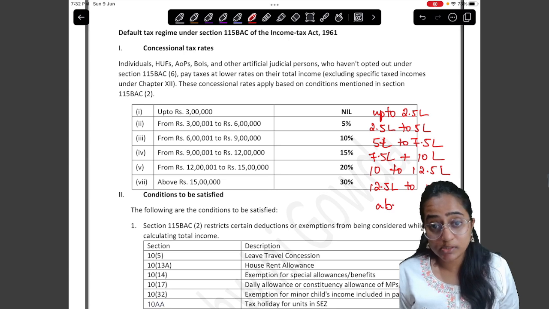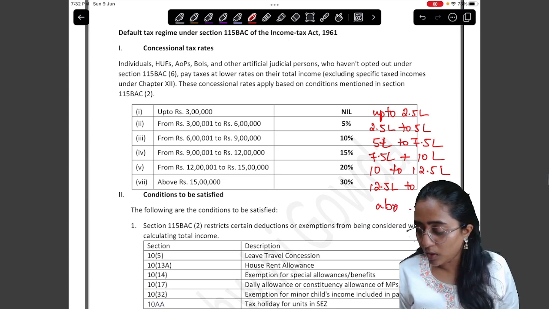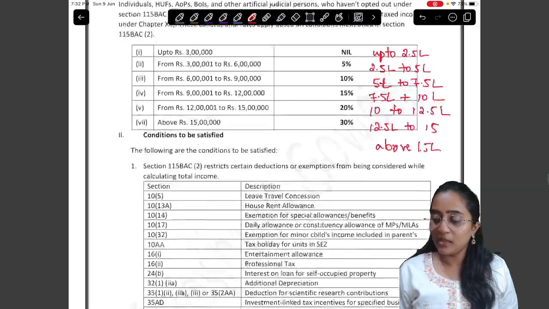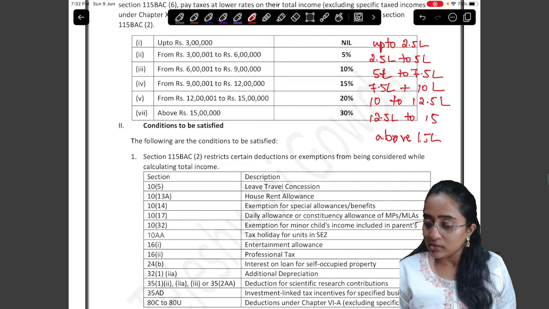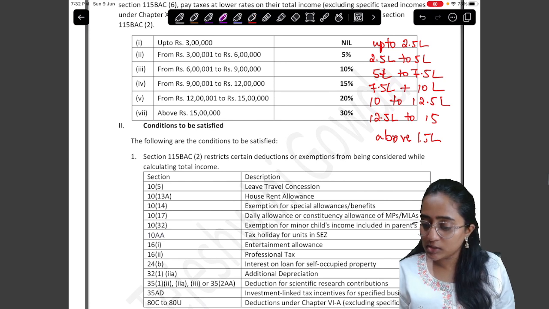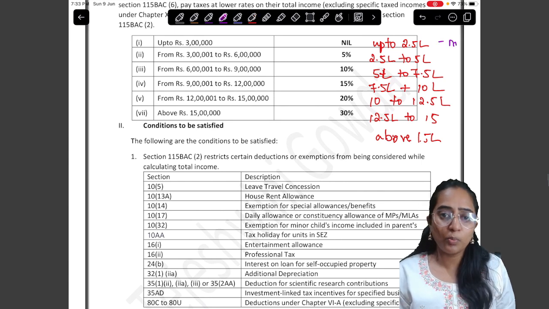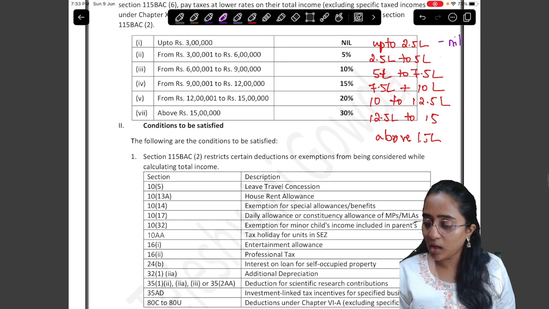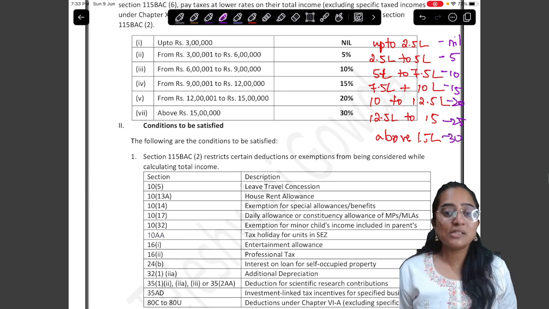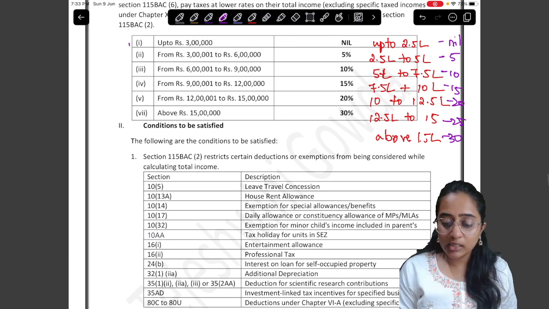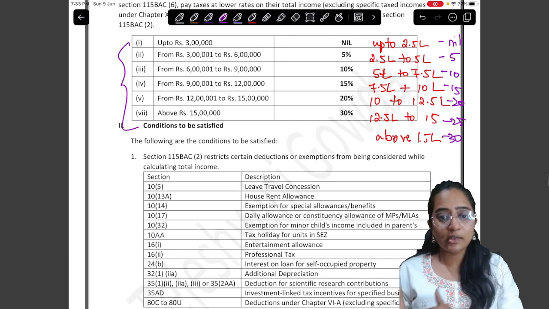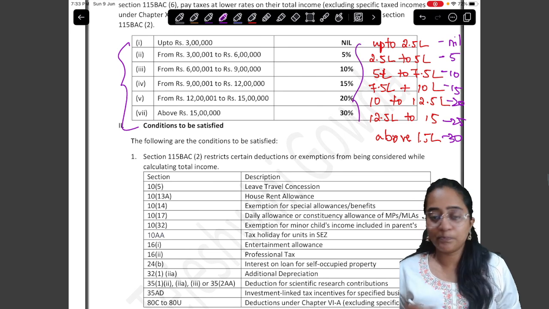This is how it was. See how the percentages were. First of all, up to 2.5 is nil. Then 5, 10, 15, 20, 25, 30. This is how the percentage was when 115BAC was introduced, starting like this.